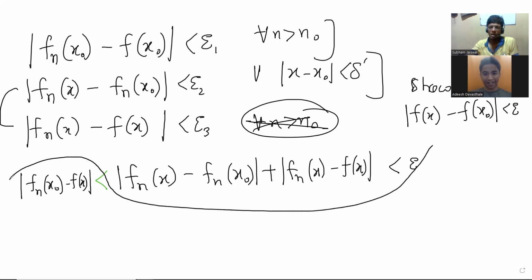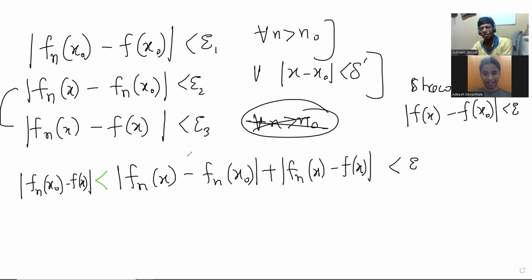Is it direct? How? Intuitively it feels so right now. But this is a little subtle, right? Because you use the continuity of Fn to show that Fn at x can be approximated by Fn at x naught, and then you use the convergence of Fn.